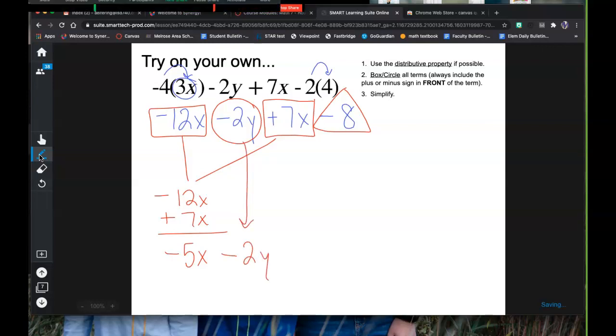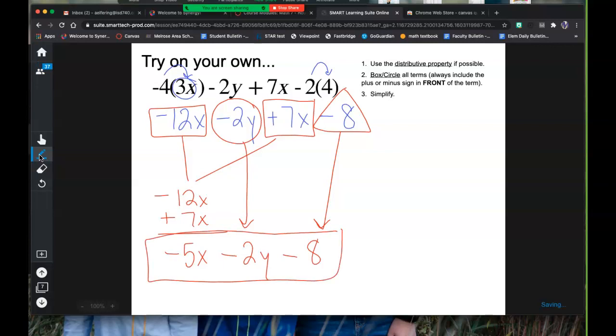I only have one triangle, so -8. Done. Why did you subtract? Because it said minus. It had a negative sign. So that's why I put minus. For the 12 and the 7, because they're different signs, subtract. -12 and +7, different signs, subtract.